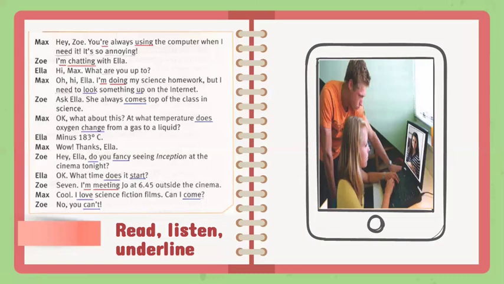But this is our little exception, and this exception is used when you want to express annoyance at somebody's behavior. And this annoyance is coupled with the word always. So you would have, you're always using the computer when I need it. It means that the person speaking is very annoyed that the other person is using the computer when they need it.